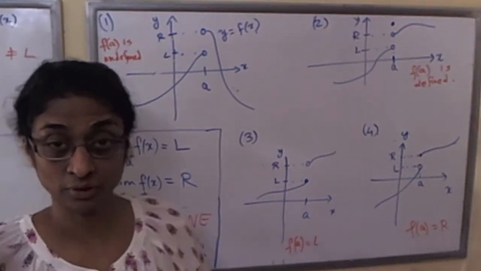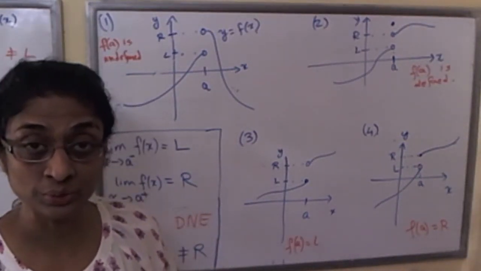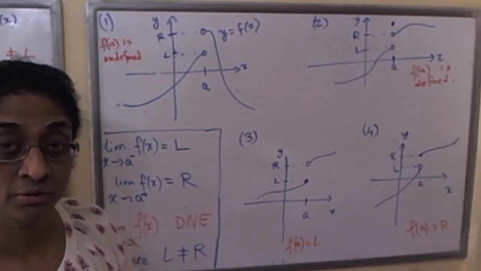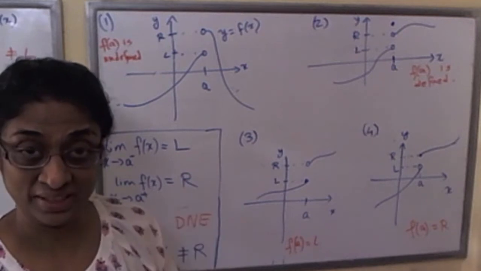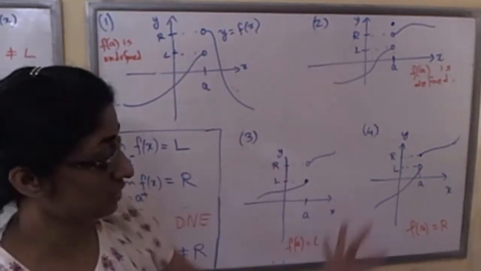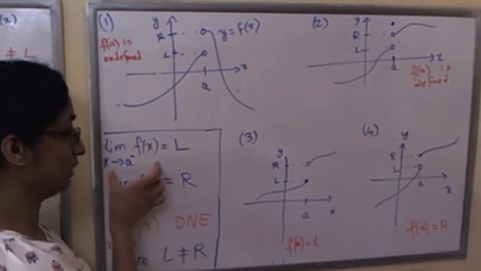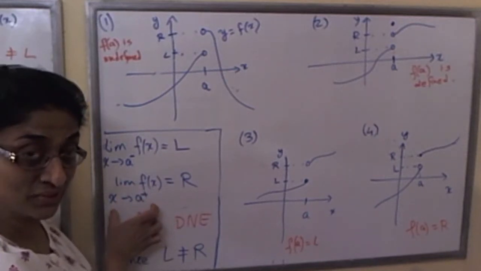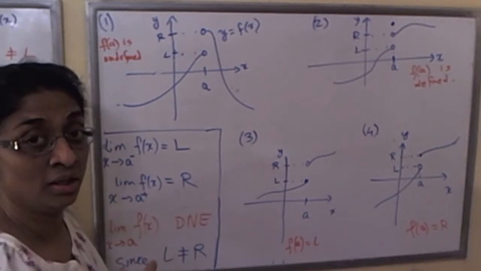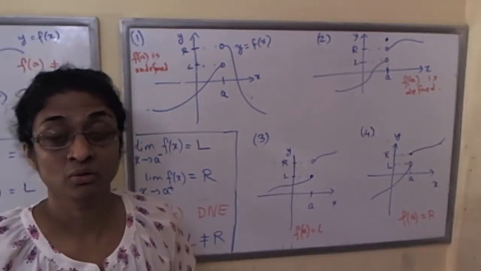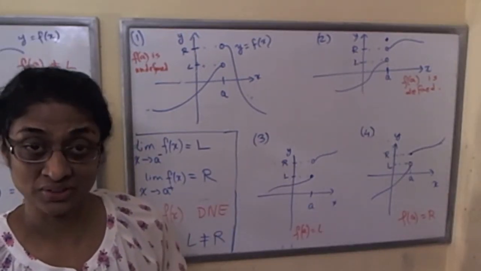The first set of examples we looked at were the kind where the left-hand limit and right-hand limit existed and they were exactly equal. So this is our second set of examples where both the left-hand limit and right-hand limit exist. They are finite real numbers, but they are different finite real numbers.